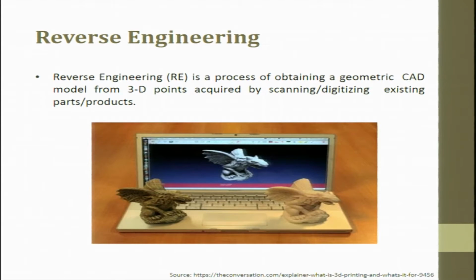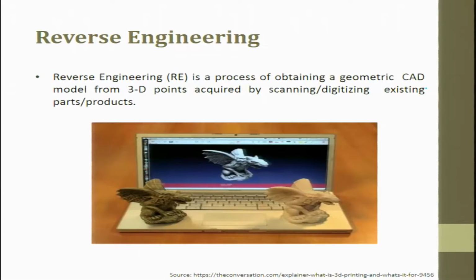So, you try to get points of data, which are called a point cloud of data. From that you try to reconstruct a CAD model, and this CAD model can be used for analysis and further development.